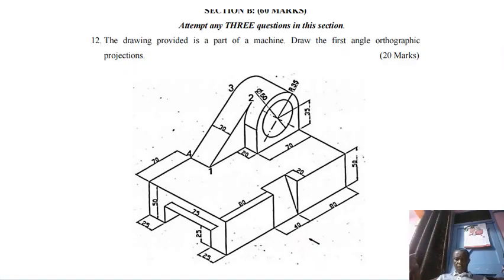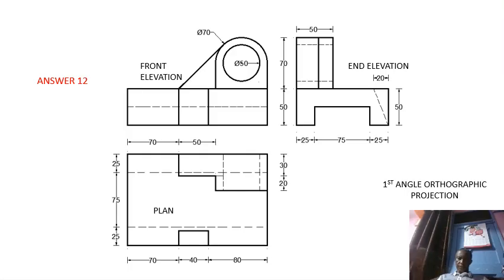That is the first angle and the third angle. And the difference between the two is that in the first angle, the plan falls below the front elevation, and in the third angle, we have the plan above the front elevation.